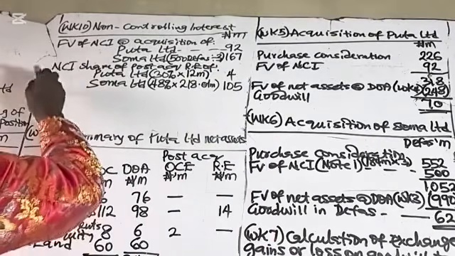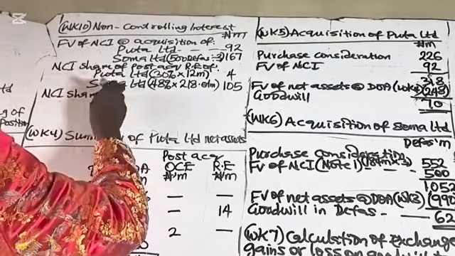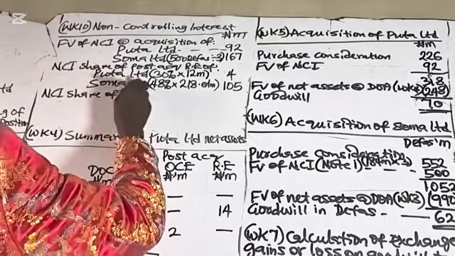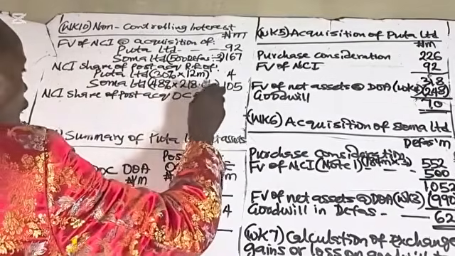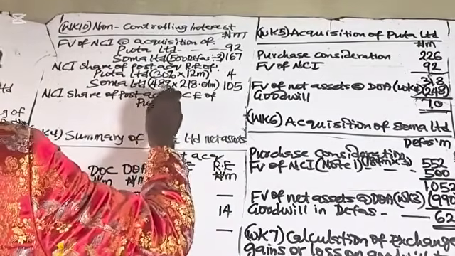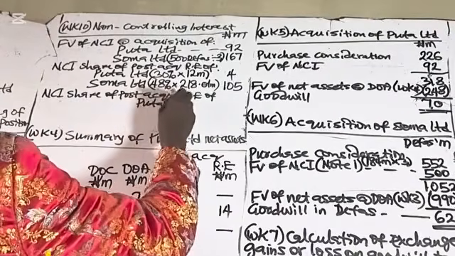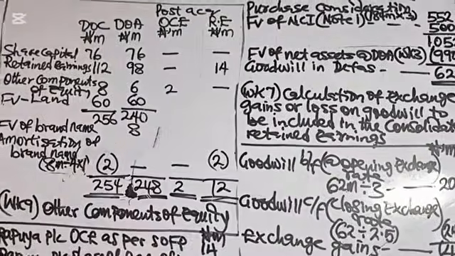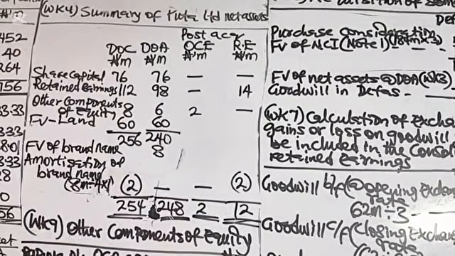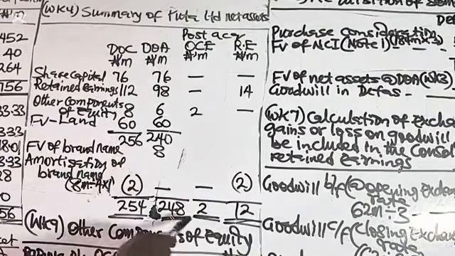Then NCI share of post-acquisition other component of equity of Puta. Rapuya in Puta is 70%, so 30% will be attributable to NCI. How much is the other component of equity of Puta? We have that to be 2 million.